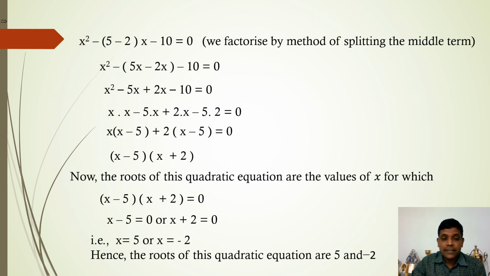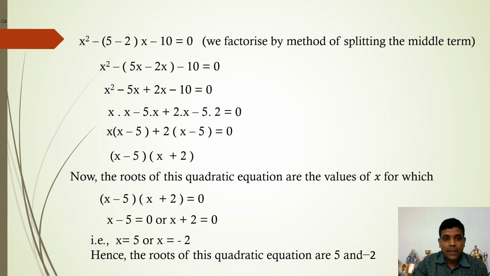X square minus 3x. 3x is written as (5 minus 2) into x, minus 10 equals 0. So this is called splitting the middle term. We factorize by the method of splitting the middle term. X square minus (5 minus 2) into x minus 10 equal to 0.